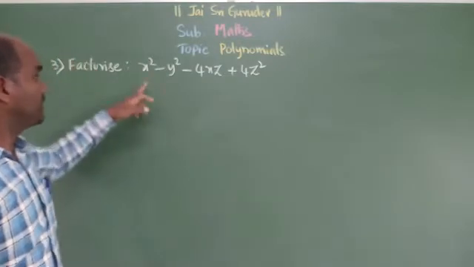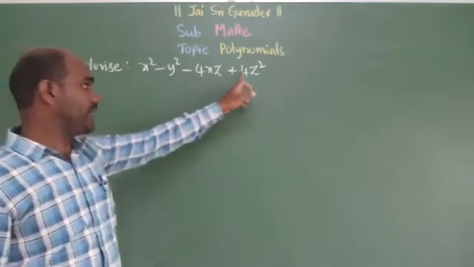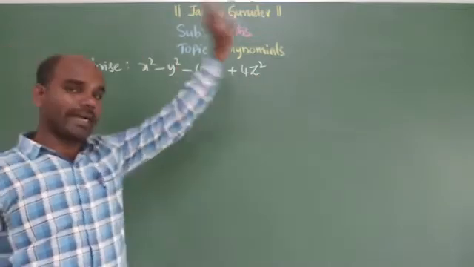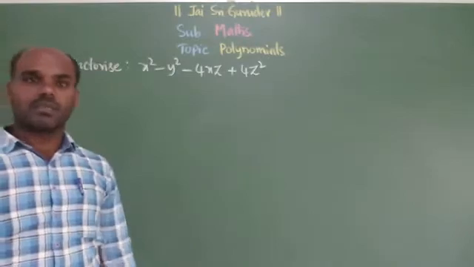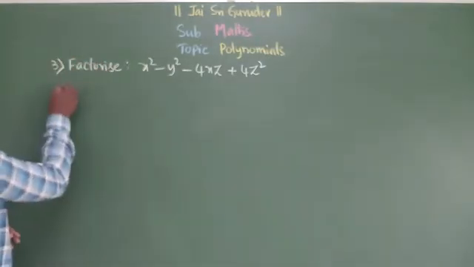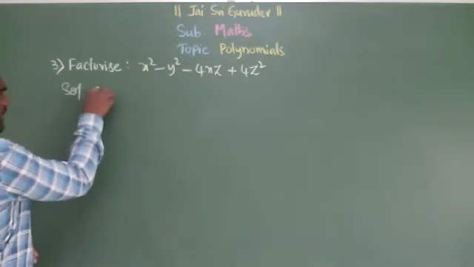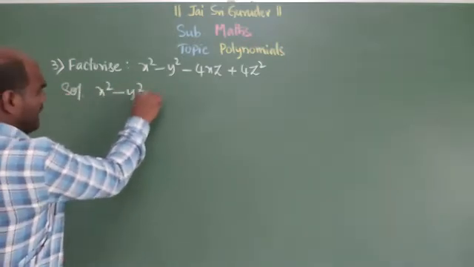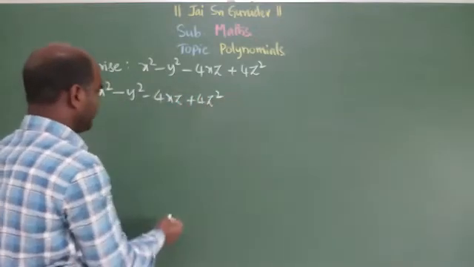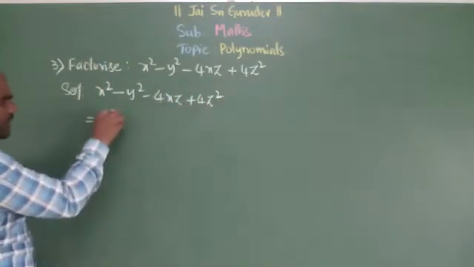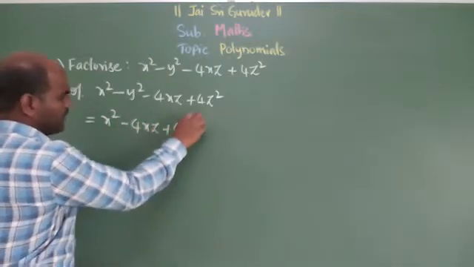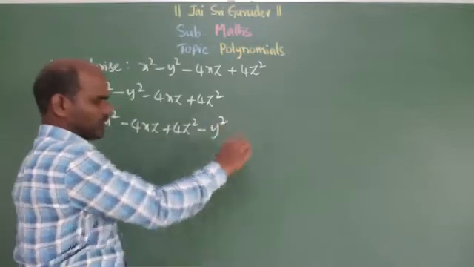So based on this, x square minus 4xz plus 4z square, we should take in one place, and y square we should take in the other place. Yes. So then based on this, x square minus y square minus 4xz plus 4z square equals x square minus 4xz plus 4z square minus y square.